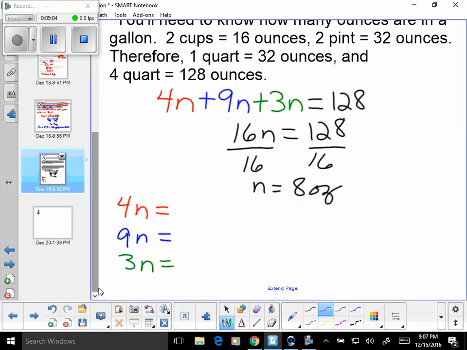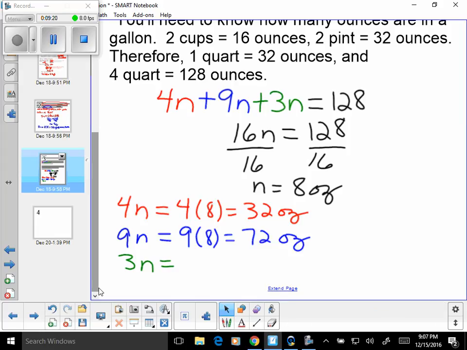Now, n is 8, so I'm going to take 4 times 8 to get 32 ounces. I'm going to take 9 times 8 to get 72 ounces. And then I'm going to take 3 times 8 to get 24 ounces.